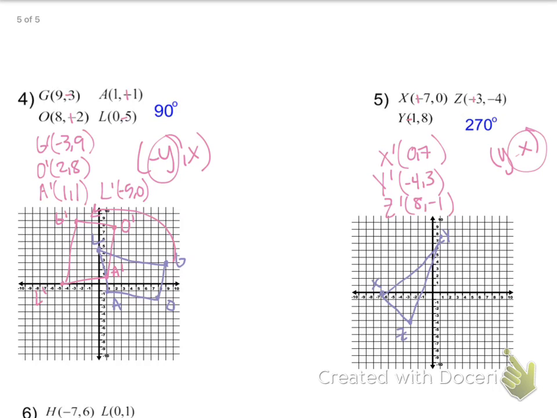And then I graph them, so I don't go left or right, but I go up 7. Okay, left 4, up 3. 8, negative 1. So that's me taking it and turning it counterclockwise 3 times.